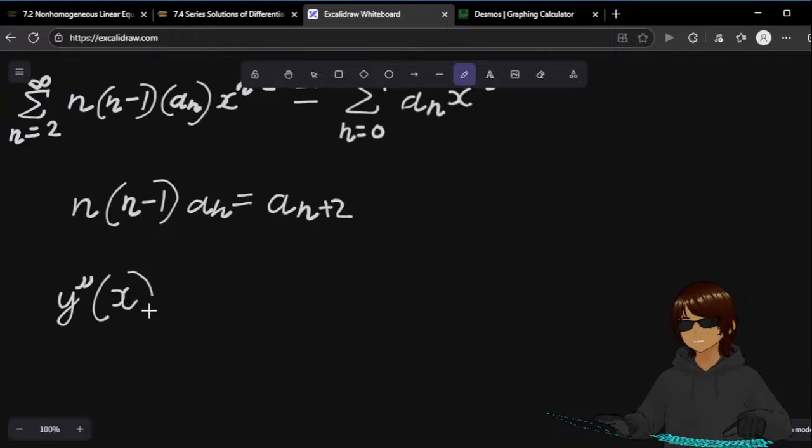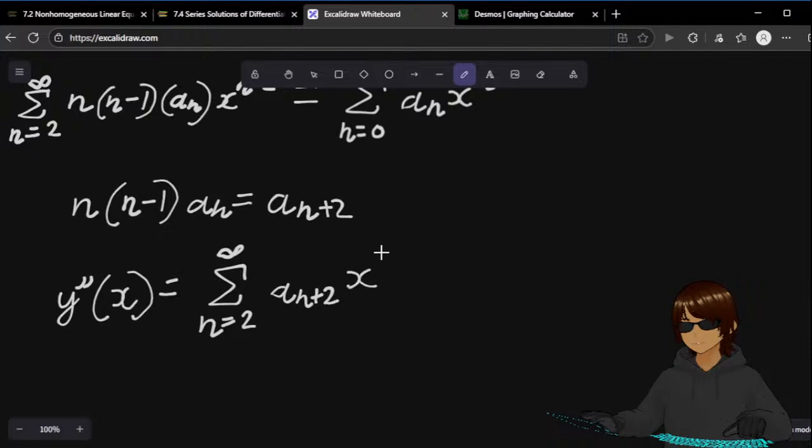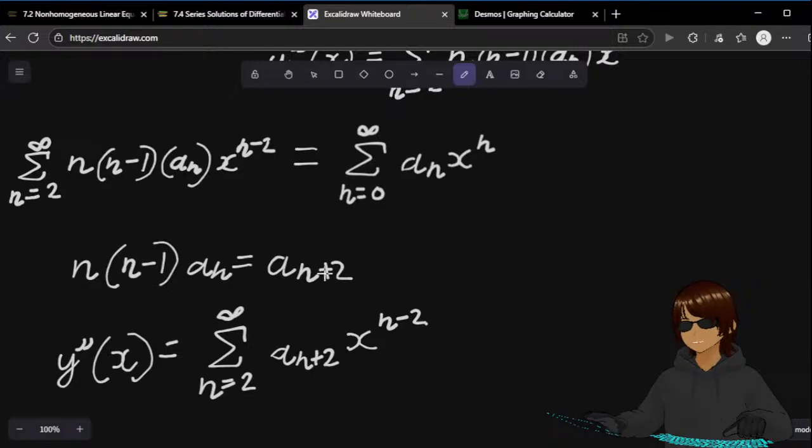I'm doing this the first time, so I might be completely off. x to the power of n minus 2. What's bothering me is whether this is plus 2 or minus 2. n is 0, a0, x0. n is 2, a2, x0, a2, x0.